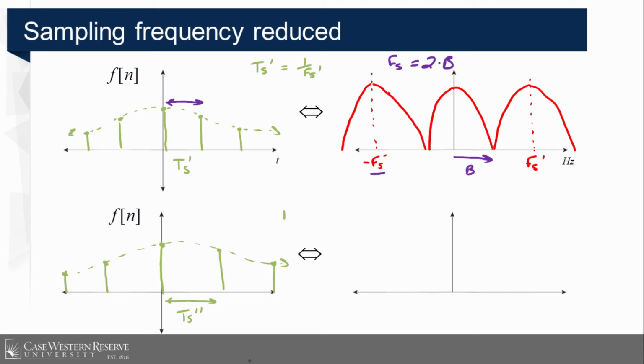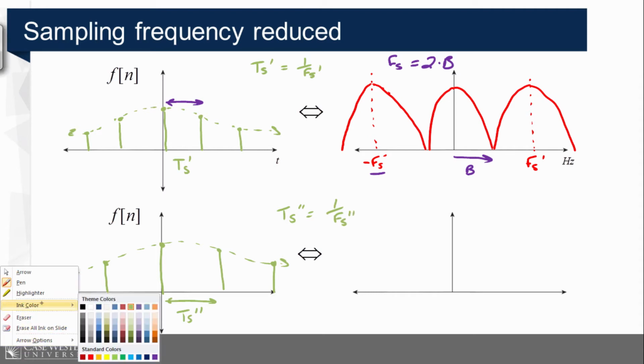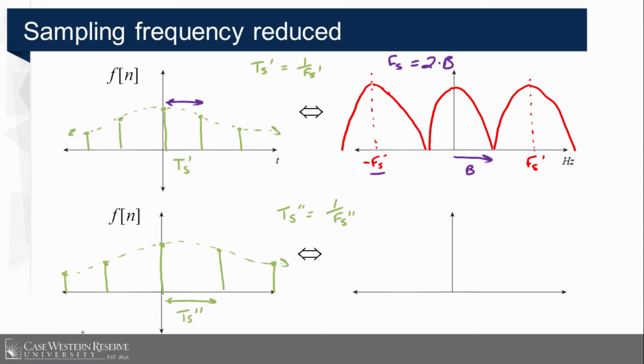And so I have Ts double prime is equal to 1 over Fs double prime, my sampling frequency. All right, so I have again my spectrum here. And let's draw my Fs double prime right here, and my minus Fs double prime.